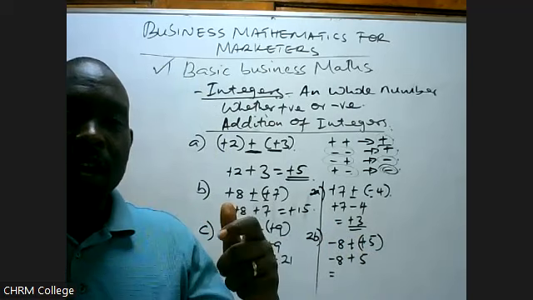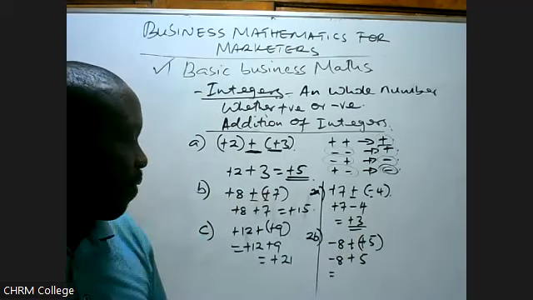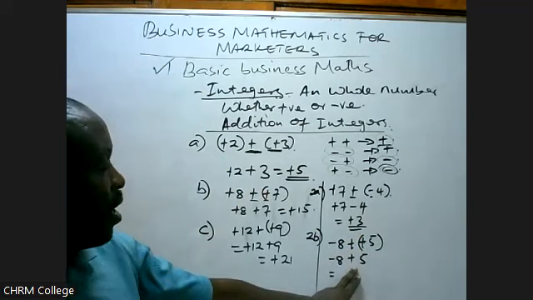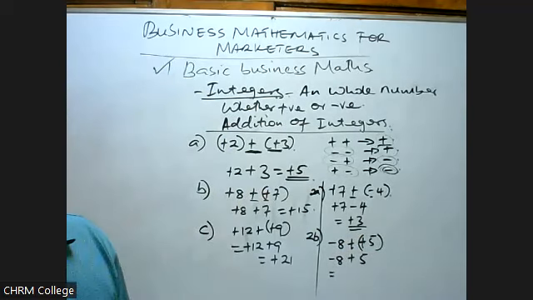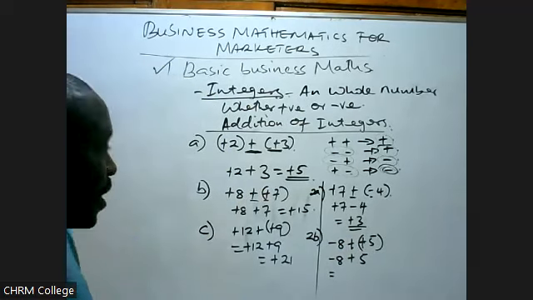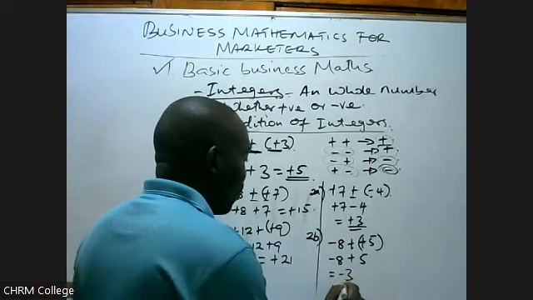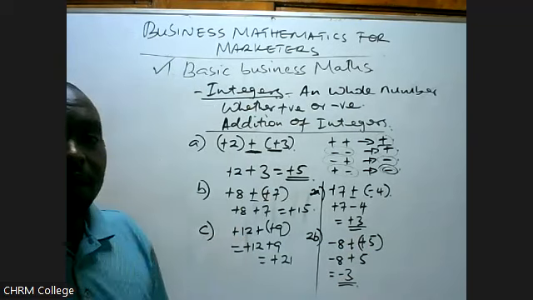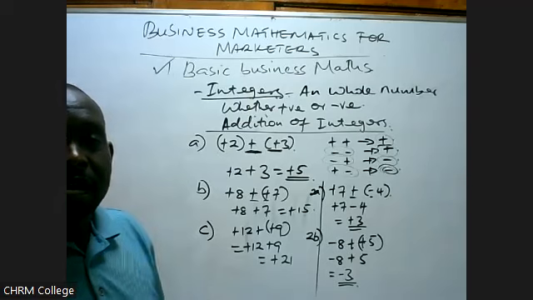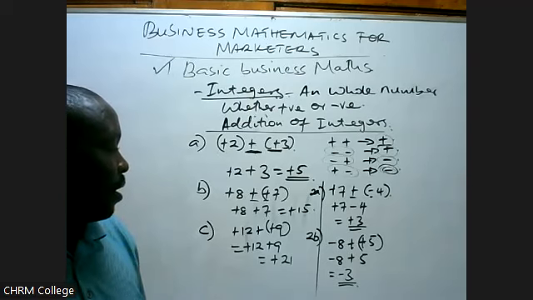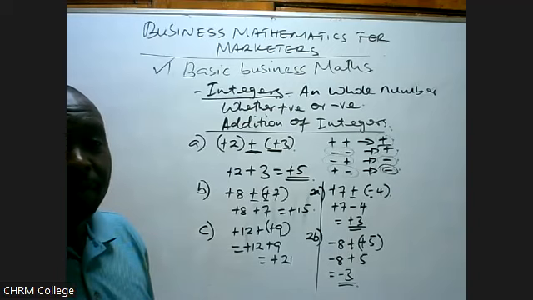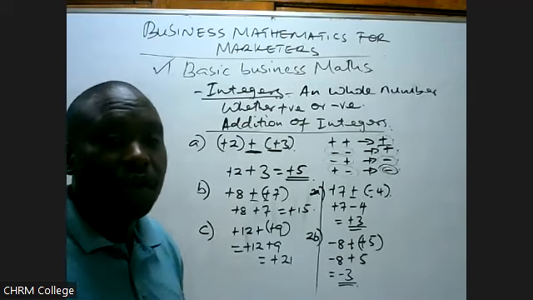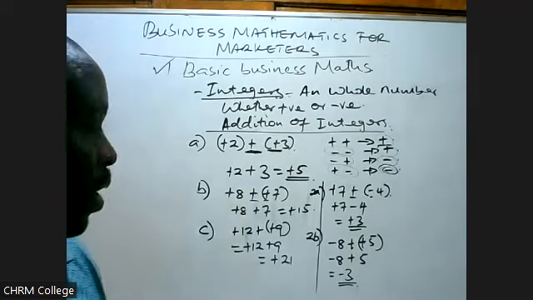Actually, you are supposed to pay somebody, Safaricom. Then somebody sends you 5 shillings credit. So you find that your debt will reduce from negative 8 to negative 3. The answer becomes negative 3. The deficit now will be negative 3. Actually, you can present all this, but we shall do that one later.